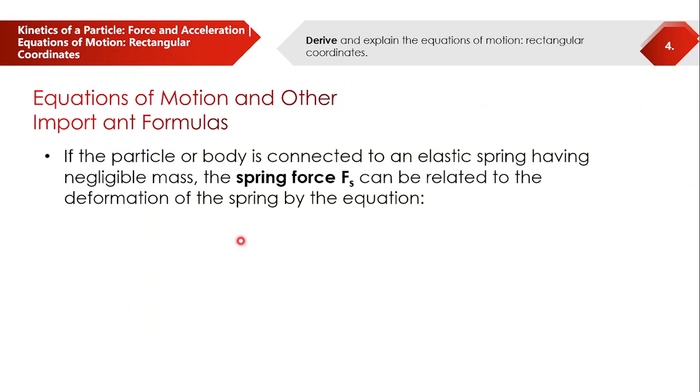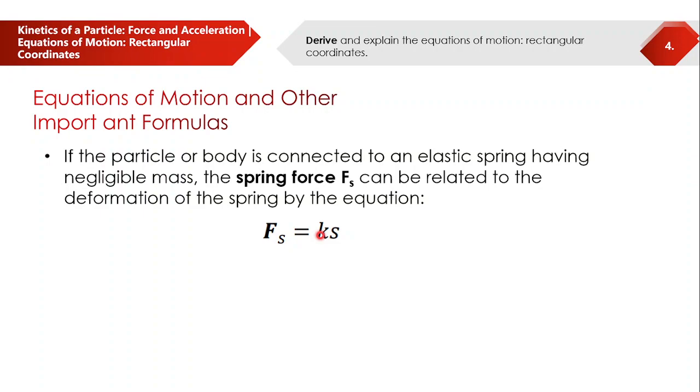Now, if the particle or body is connected to an elastic spring, another kinetic problem, the spring is assumed to have negligible mass. The spring force, F sub S, can be related to the deformation of the spring by the equation F sub S equals K S. This K is the spring factor, and the problem will indicate its value for that kind of spring.